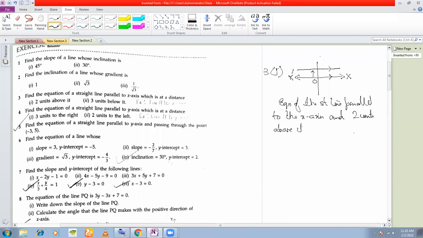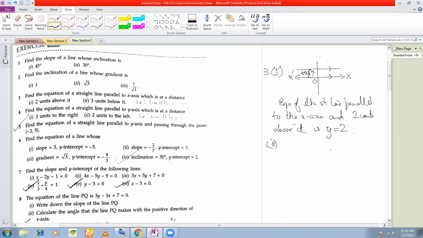The equation of a straight line parallel to the x-axis is of the form y is equal to b, isn't it? So y is equal to 2 because this distance here is plus 2 units.